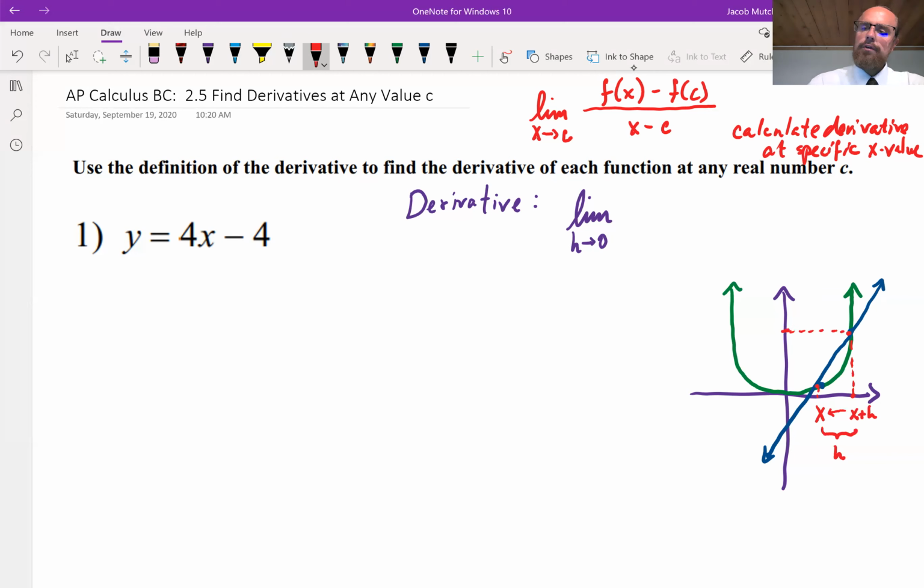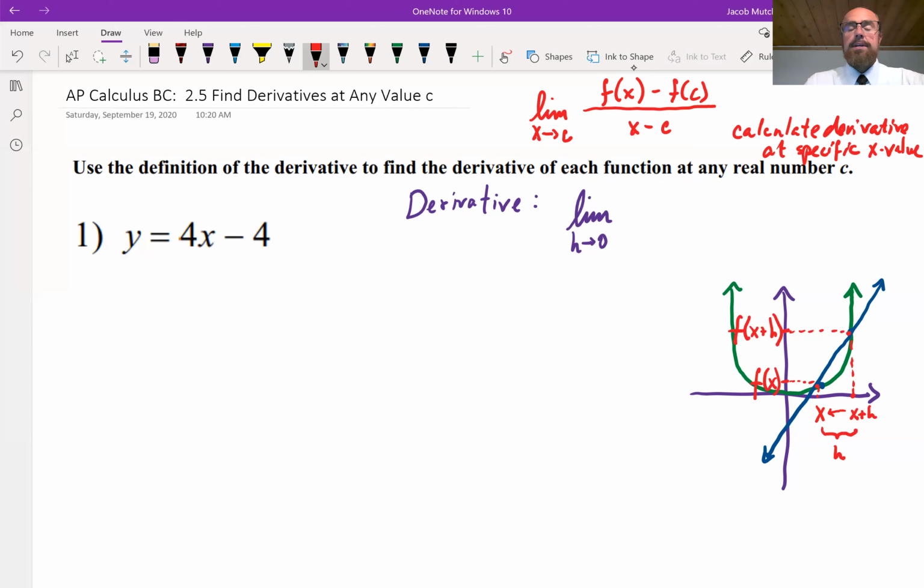So if I trace over to y-axis and use the idea of that being the point x plus h in terms of its domain value, its range would have the value of f at x plus h. We can also label the range value that's generated from the domain value of x by calling it f at x.